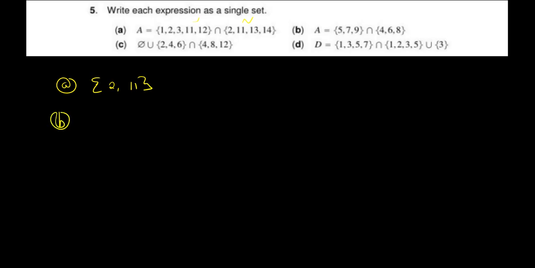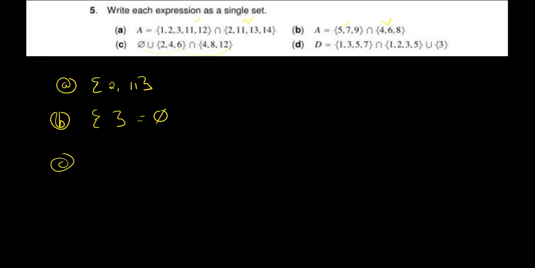Let's go for B. They are saying A intersection B, we can only see that there's no number which is found in A and B. So that is an empty set, or you can just write it like this. Then for C, we are saying empty set union everything here intersecting everything here.